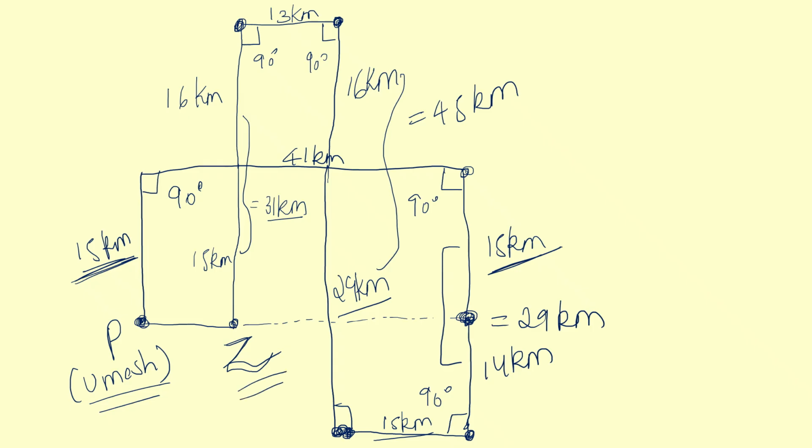Now what is the question asked to you? How far and in which direction should he drive to reach point P again? How far and in which direction he should drive in order to reach from point Z to point P again? Okay. So from point P, if he wants to go, he will go in which direction?